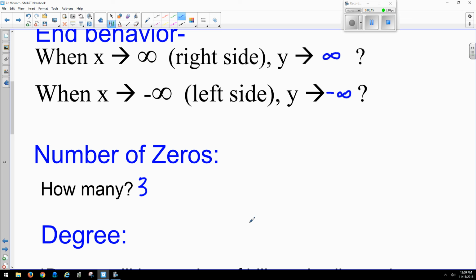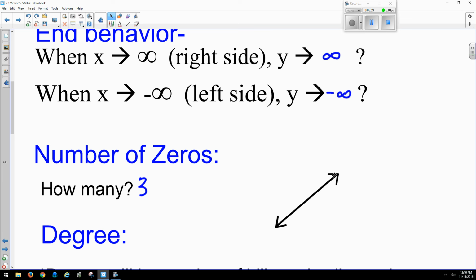So think of an equation with a degree of 1. We're talking about a linear equation. So just picture what that looks like. A line. As you can see, it does not change direction at all.